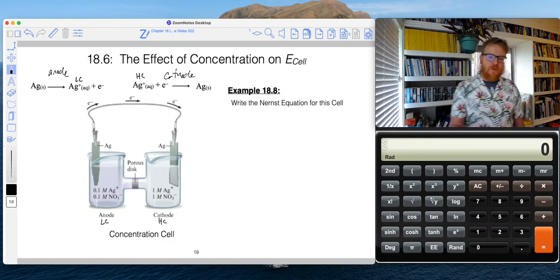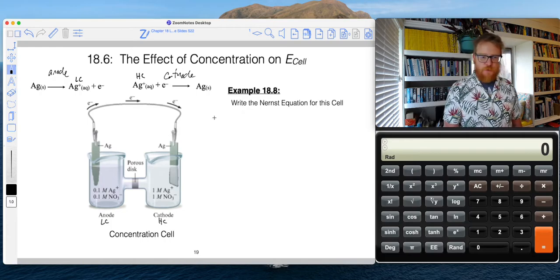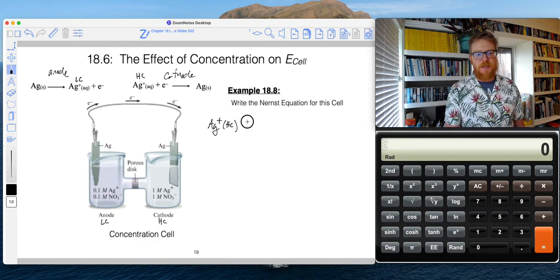And if I were to recombine these to make an equilibrium expression out of this, then my Q value, the way this is going to work, when I go to combine these, I'll write silver plus HC plus electron makes silver solid. And then this one, I'll write silver solid goes to silver plus LC, the low concentration, plus electron.